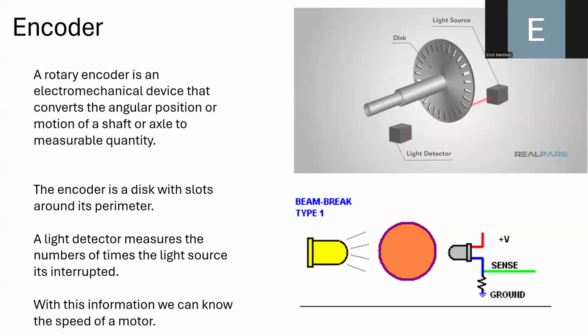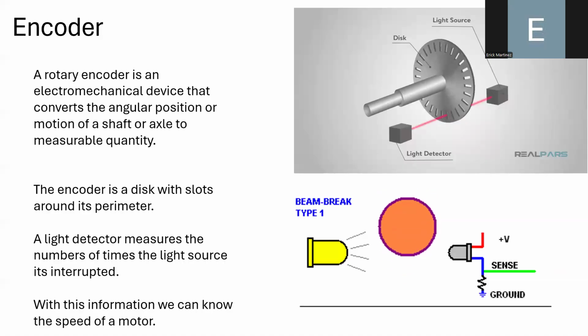So we can use this disk, and since we know how many holes we have, we can count how many times the infrared light has been interrupted. And since this photodetector can detect the infrared light, we can count pulses, okay?